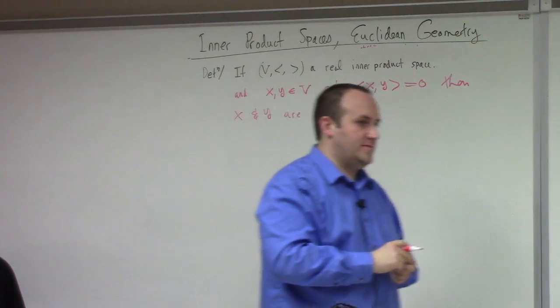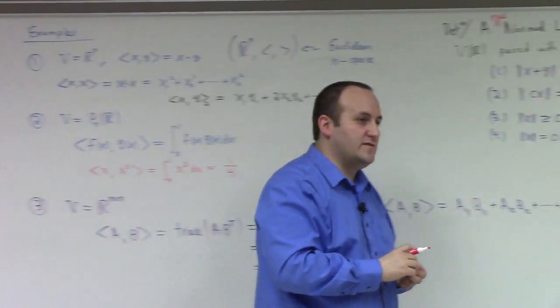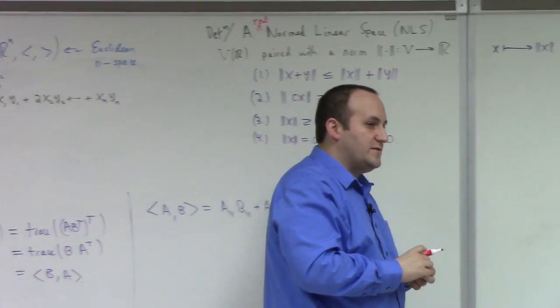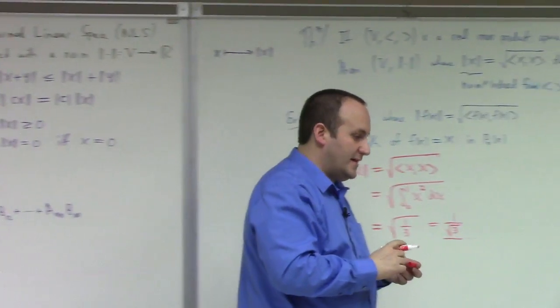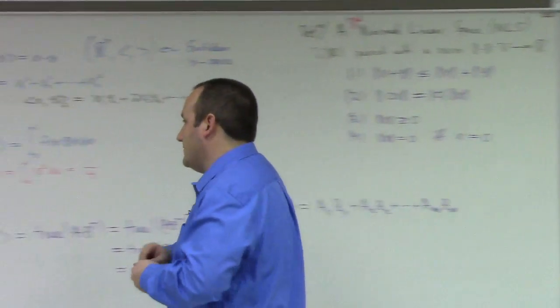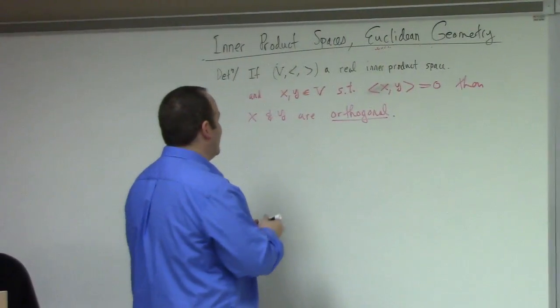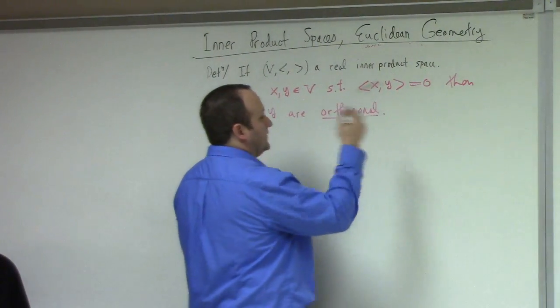And yes, Adam, to answer your question, if we were using different inner products, we would have different notions of orthogonality. You could have two vectors that are orthogonal with respect to one inner product, but not with respect to another. All right, so orthogonal.